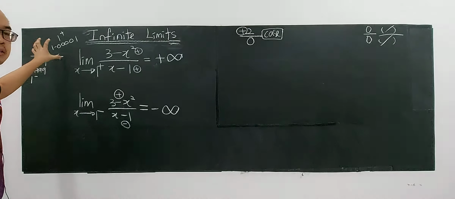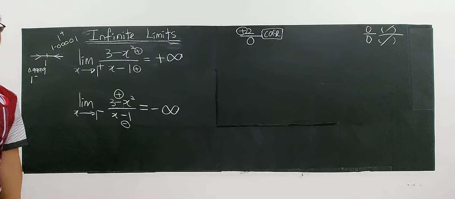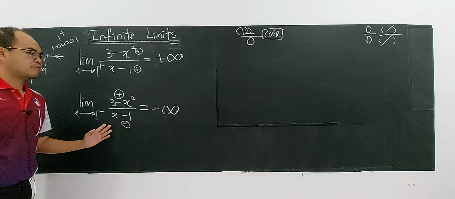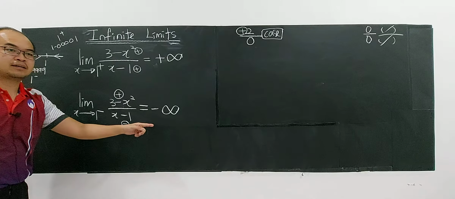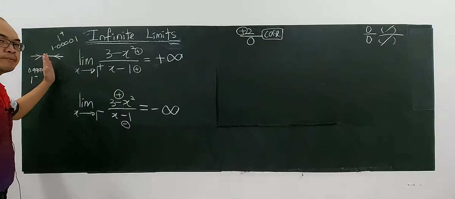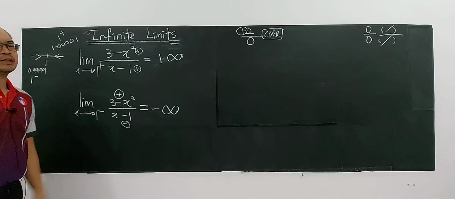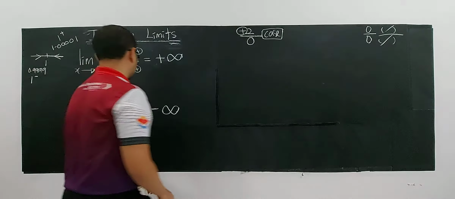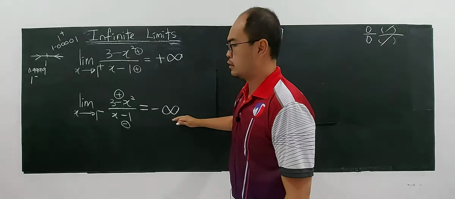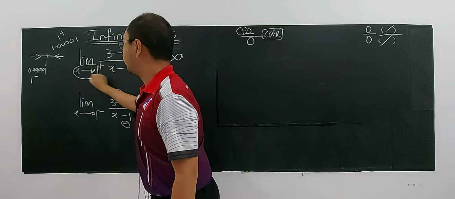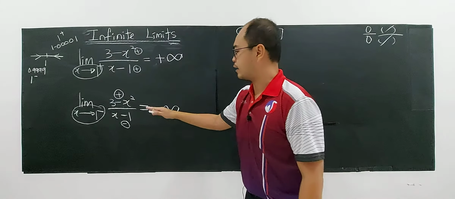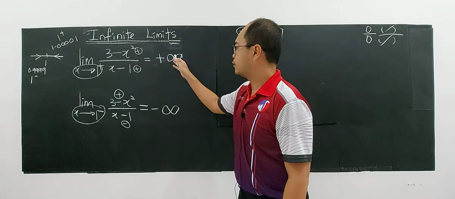But if you can consider those details, you are very matured in mathematics. This one is to help you in finding the infinite limits. Students like this way, but a real mathematician has to think the other way. That's the concept here. So now you're getting positive infinity and negative infinity, which means that as x approaches 1, you're getting infinity.